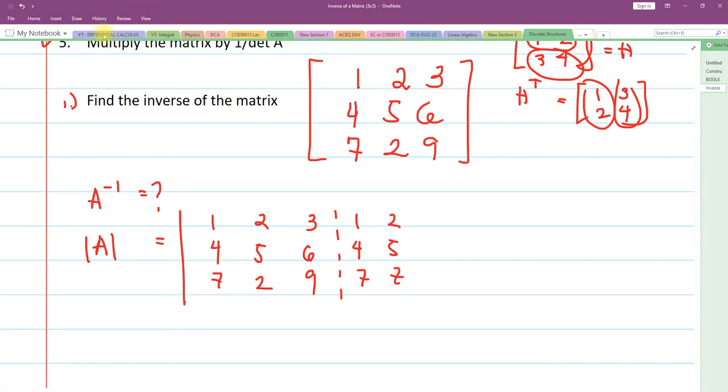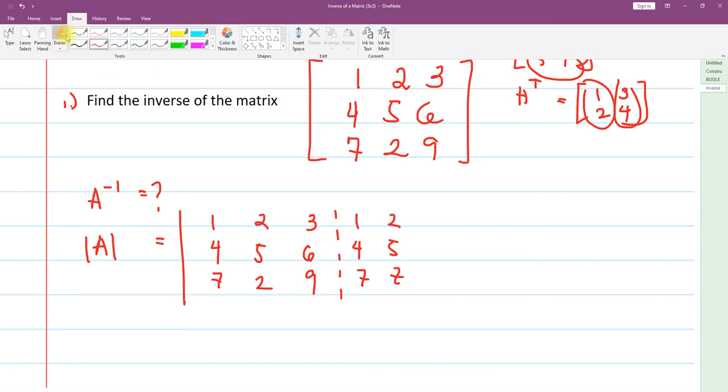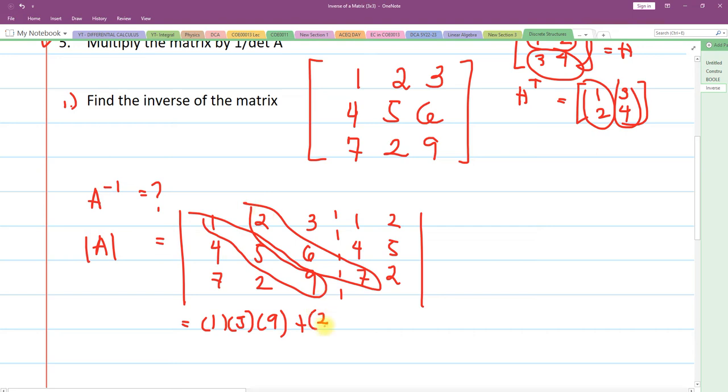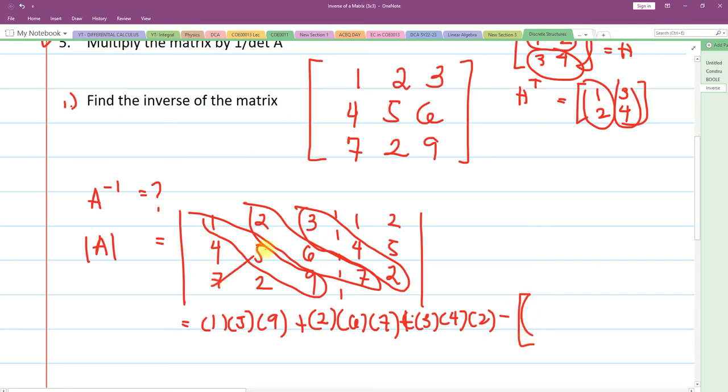Multiplying, we have 1 times 5 times 9, plus 2 times 6 times 7, plus 3 times 4 times 2, minus the other diagonals: 7 times 5 times 3, plus 2 times 6 times 1, plus 9 times 4 times 2.